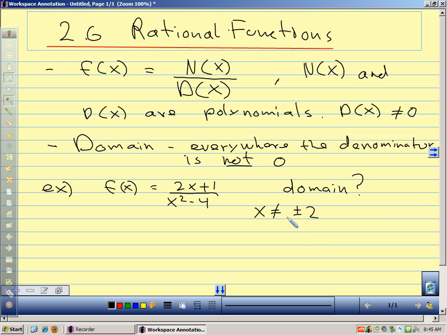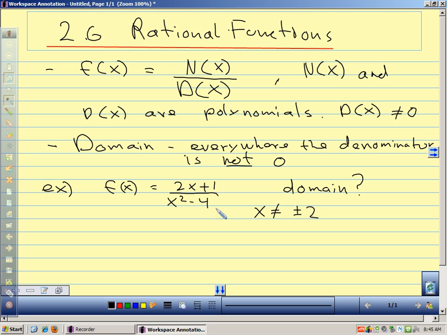So when the problem asks you for the domain, we want to leave out the x values where our denominator is 0. Now with rational functions, if we graph this, what happens where our denominator is 0? What happens to our graph? We get an asymptote, right? Our function's undefined. That means if we divide by 0, we can think of it as infinity.